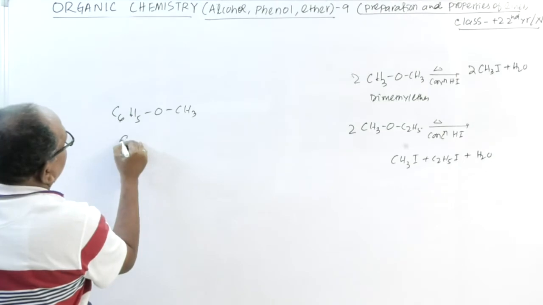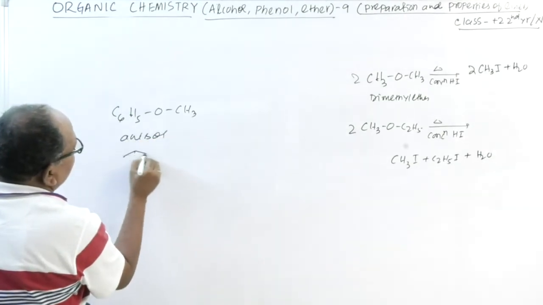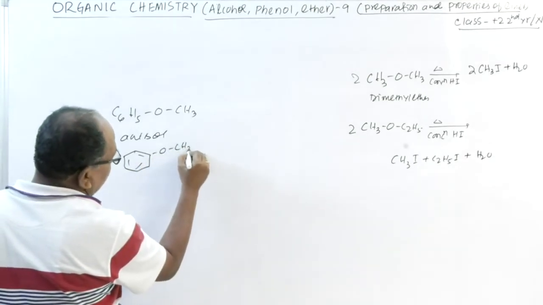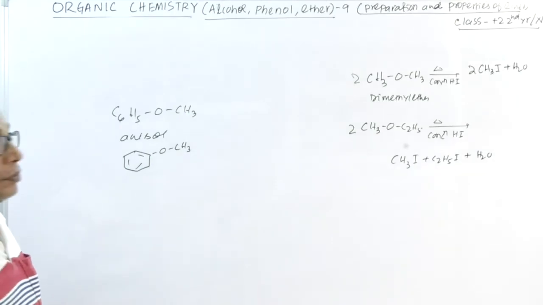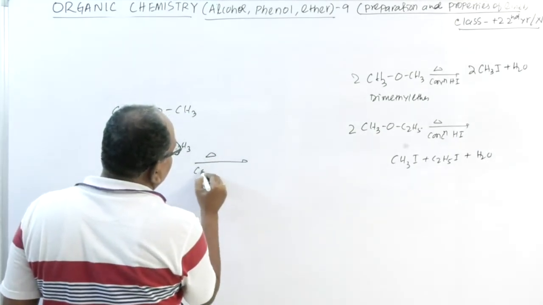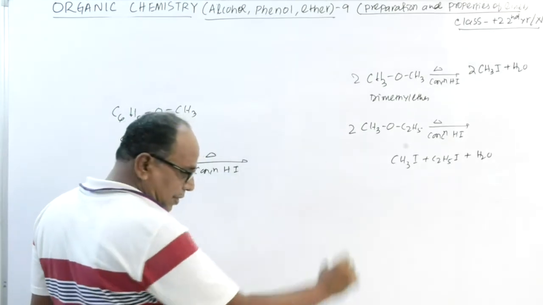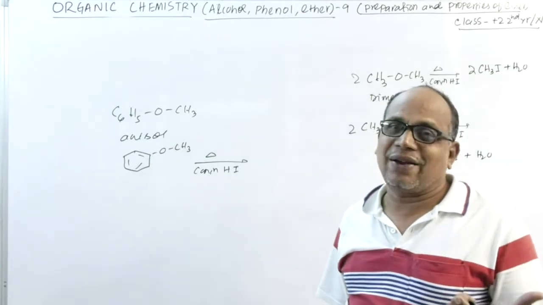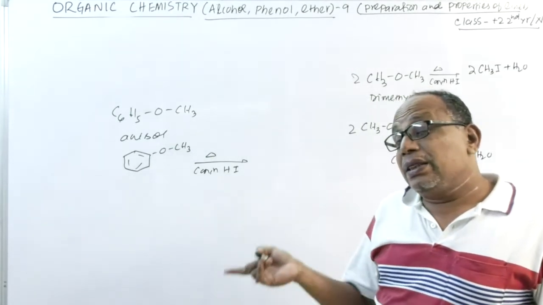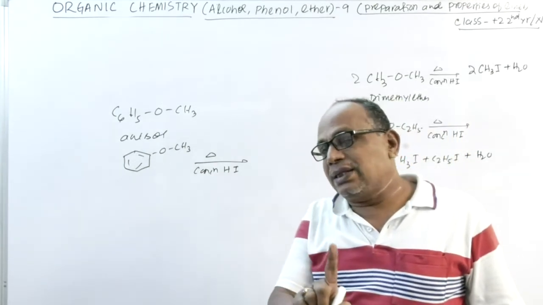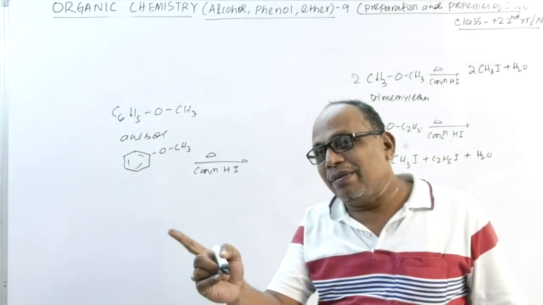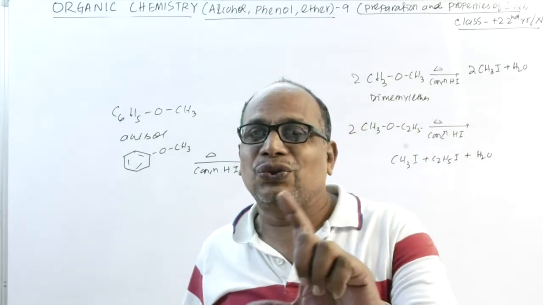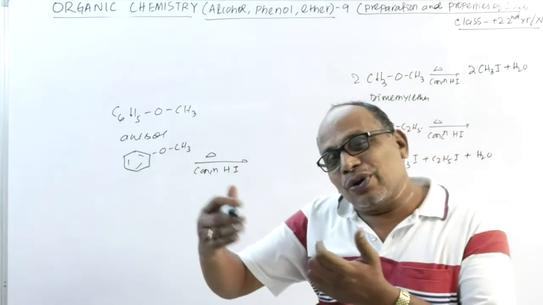This is called anisole, this is the phenyl group and the OCH3 group. When heated with concentrated HI, what product does it give? It does not give two molecules of alkyl iodide, because phenol does not easily convert to iodobenzene, as the carbon-oxygen bond is stronger.